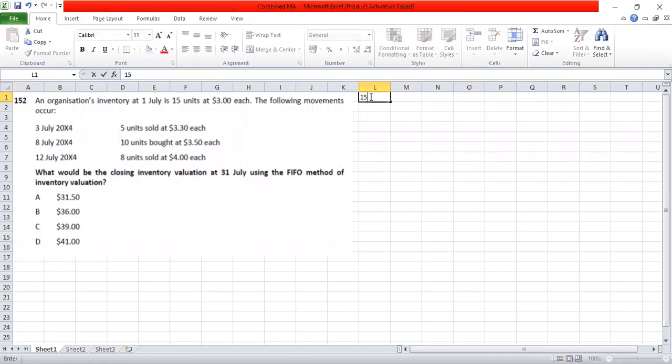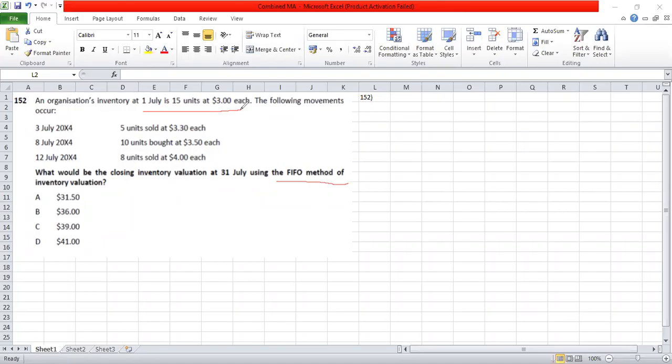So question number 152, let's work it out. So the suggestion is that we use FIFO method. What would be the closing inventory valuation at 31st July using the FIFO method of inventory valuation? So now, at the beginning of the period, that is 1st July, they had 15 units on hand, and each of these units cost $3.